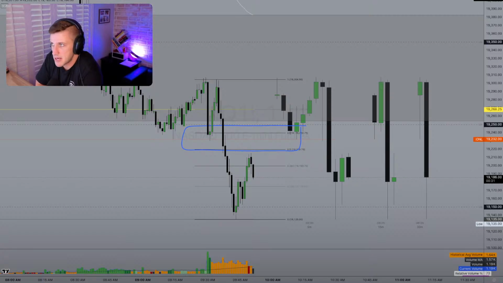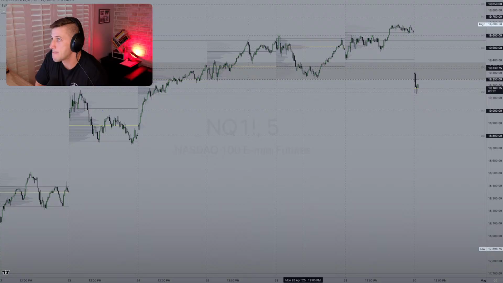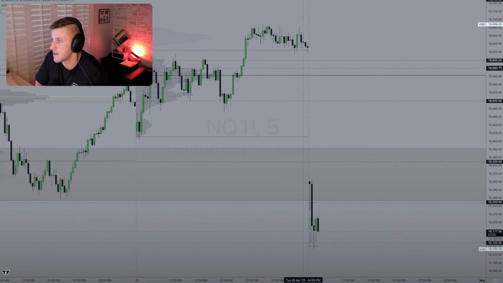RTH VWAP right there, Benny. That's a good call with the big gap. Big NASDAQ gap. There's your 5-minute.